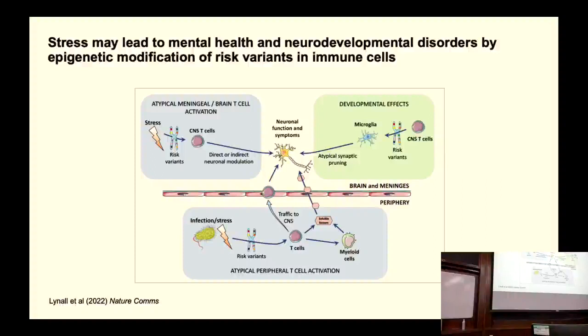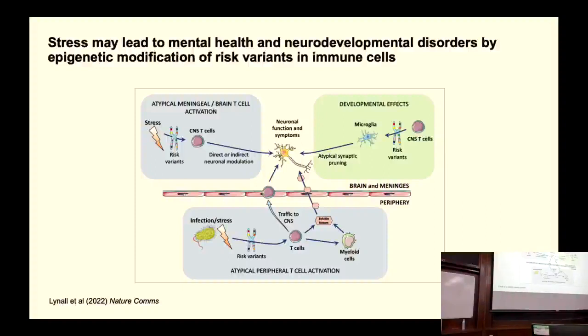You might also imagine that there could be effects of psychological stress, in particular refracted through risk variants and directly impacting on T-cell phenotypes in the brain. So this all needs unraveling experimentally and is quite complex, even if you think about it in a kind of snapshot way.